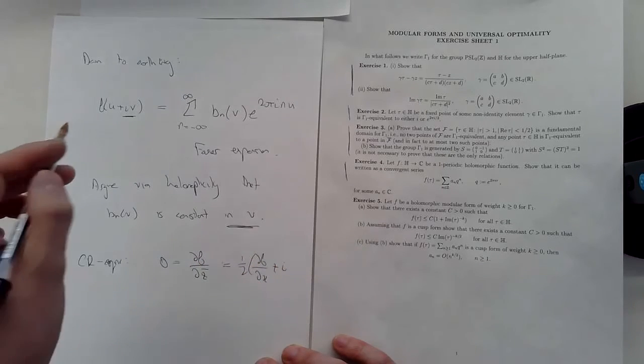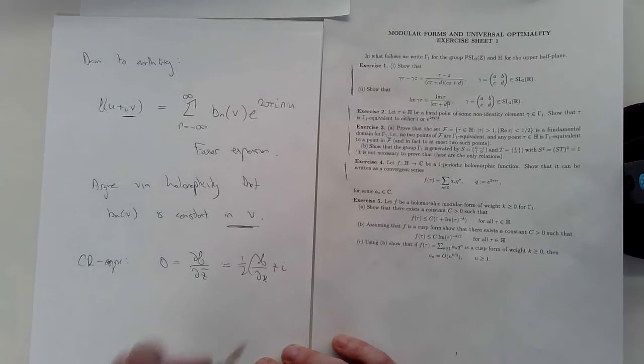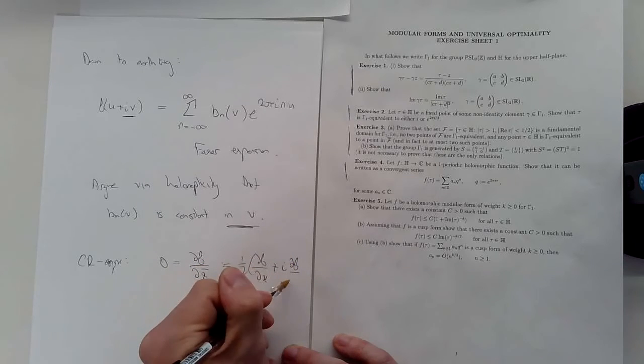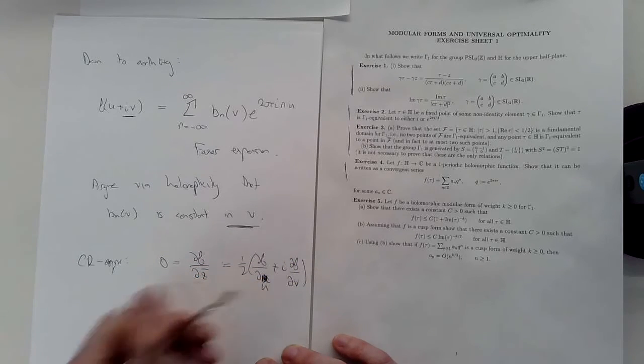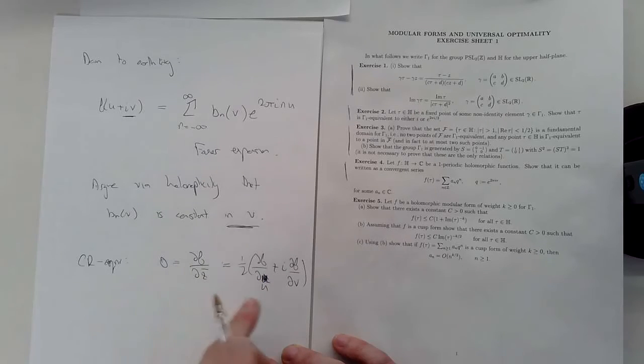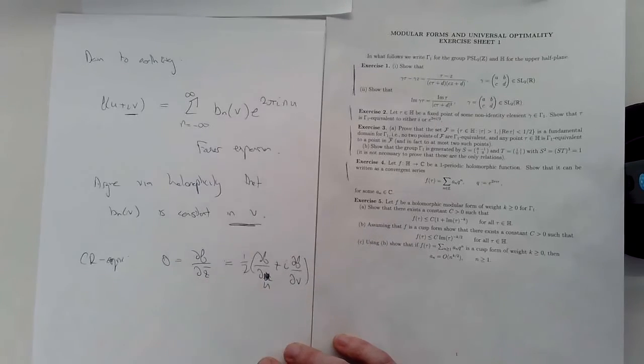I've changed from u, v to x, y. Change back. The Cauchy-Riemann equations would say that this combination of partial derivatives has to be 0.